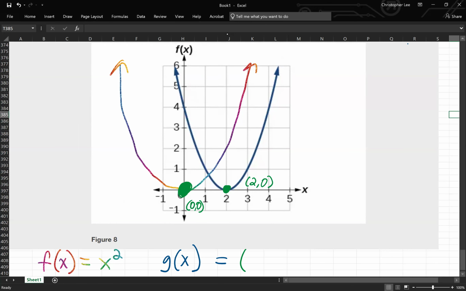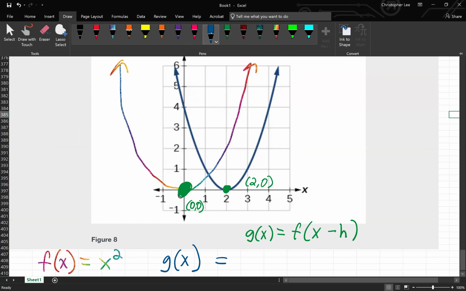Plus 2? So remember our general formula. Let's go back to that real quick. I'm going to write that up here. G of x is equal to f of x minus h. All right, cool. Now give it to me for the blue one.